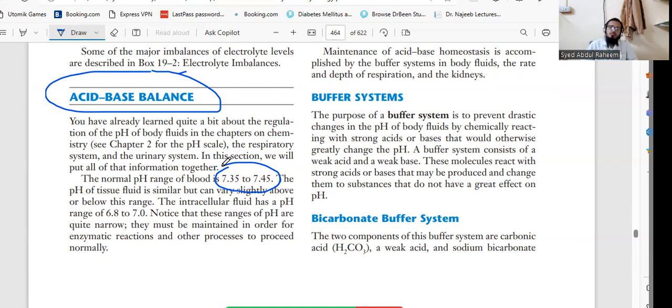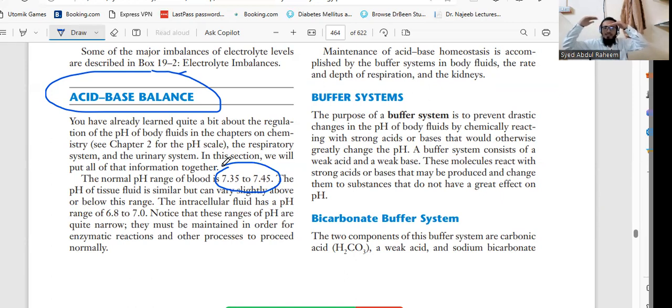Okay, so basically we have some systems which maintain this acid-base balance. Some alkalines are there. If the hydrogen is high, they will rise and balance it.